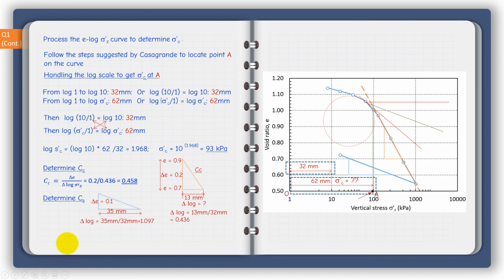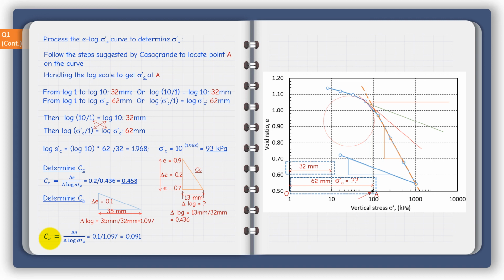That's 1.097. I am ready now to substitute here in this equation. C sub S is also delta e over delta log sigma dash Z, but along the unloading curve. So I substitute here, that's 0.091. So this way we calculated the compression index and also the swelling index.